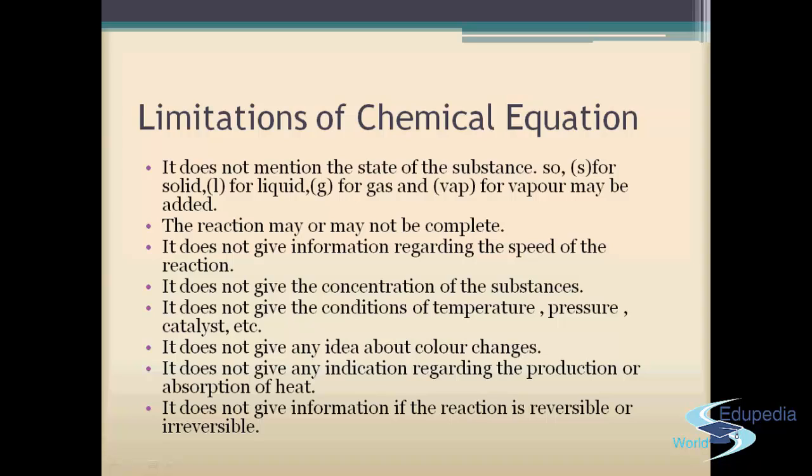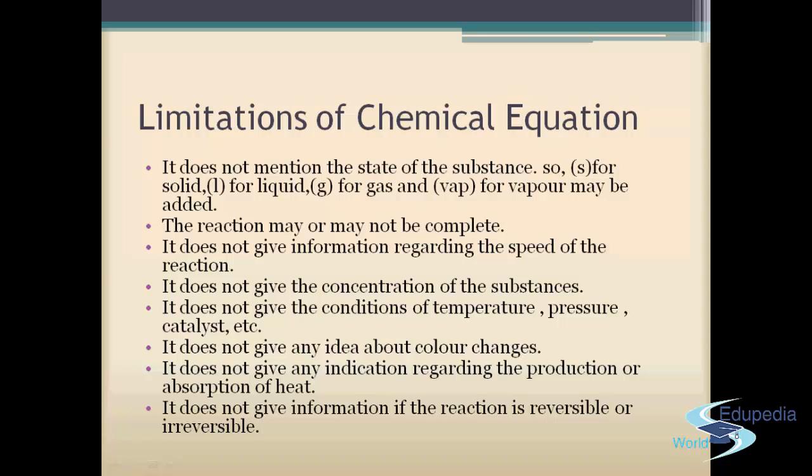The chemical equation does not give any information regarding the speed of the reaction, that is the rate of reaction. It also does not tell whether the reaction is a complete reaction, and it does not give the concentration of the substances. It also fails to give the conditions of temperature, pressure or catalyst, etc. It also fails to give any idea about the color change which happens in any particular chemical reaction.